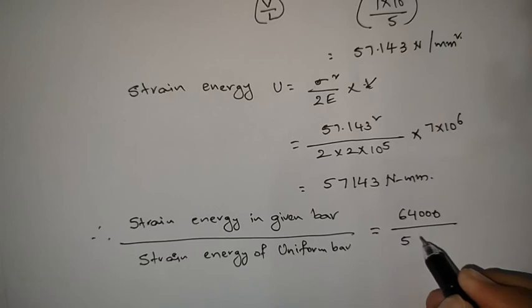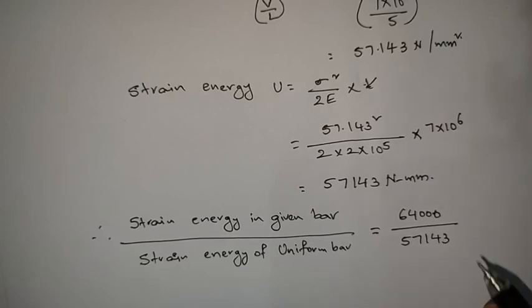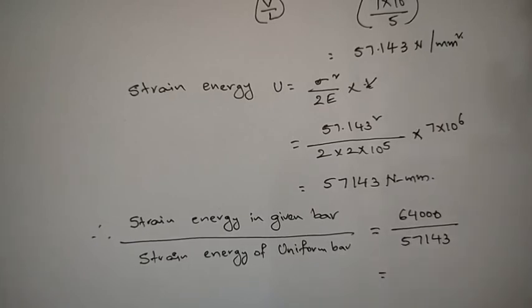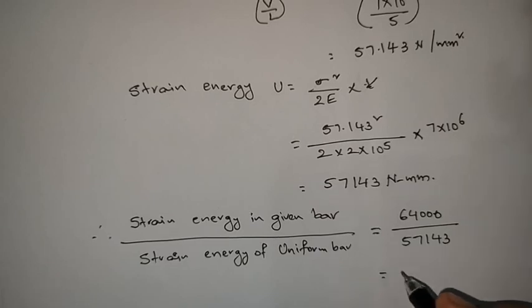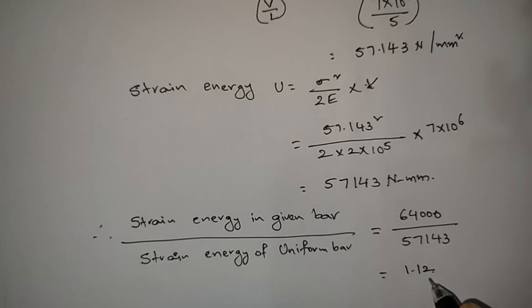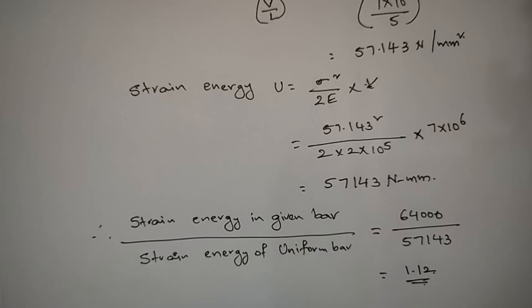Here it is 57,143. So the ratio will be equal to 1.12. So that means if you take a uniform bar, the energy stored is very less. But if you take the same volume with two different parts, the strain energy stored is more, right?